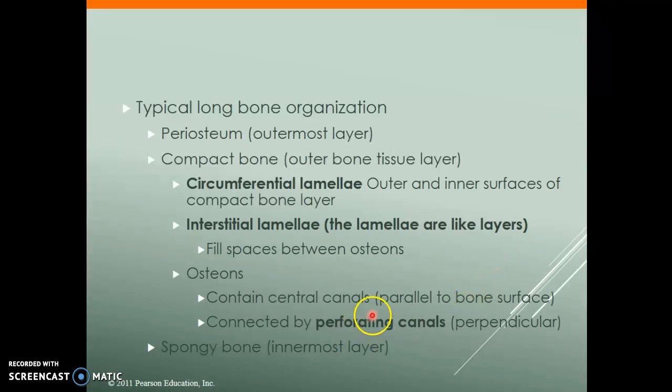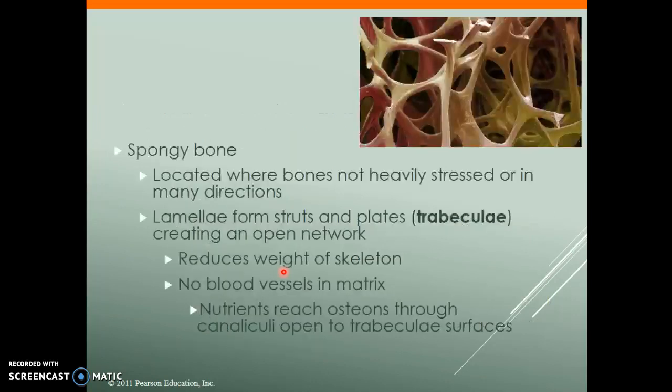Remember, the central canals are parallel to the bone, and they connect each central canal with the perforating canal. The osteons are surrounded by layers of bone called circumferential lamellae. Also in between the osteons are spaces that are filled with interstitial lamellae.